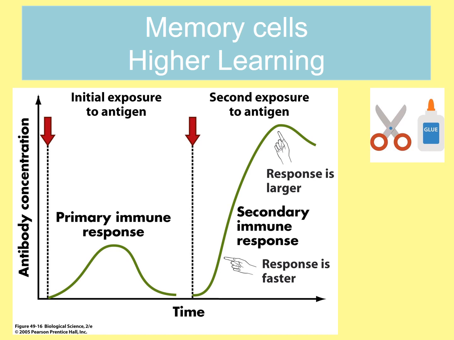If they're exposed to the same antigen at a later point, we can see quite a considerable difference in the secondary immune response. This time, the disease is usually prevented, so the person won't become ill. The disease is usually prevented because, as we can see from the graph, the antibody production is much more rapid, the concentration of antibodies produced reaches a higher level, and the higher concentration of antibodies is maintained for a longer time.